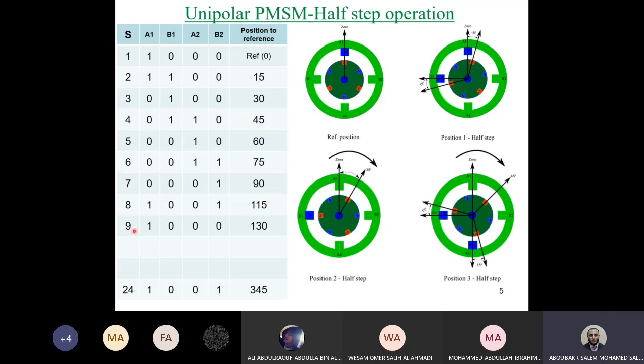So from 1 to 8, the rotor has moved by 115 degrees, and we can continue till the end of the revolution. So from reference 0 up till 345 degrees, which means we have another step to reach one complete cycle, and this is the full revolution for half step operation.